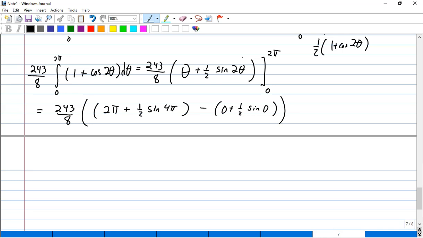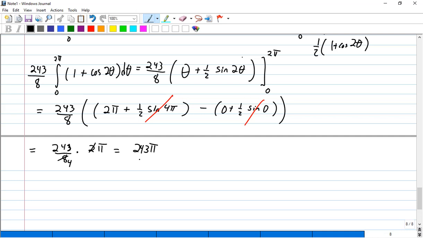Sine of 0, we all know, is 0. And if you travel around twice more, you're in the same position as 0, so that's 0. So we have 243 over 8 times 2 pi, which is 243 pi over 4.